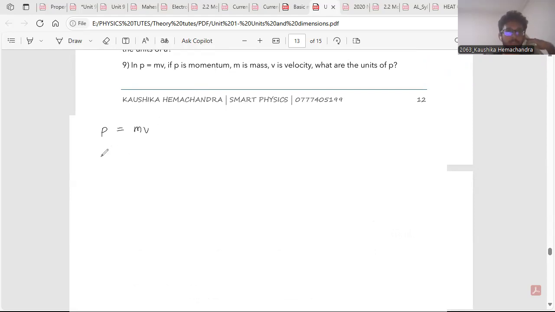P is momentum, m is mass and v is velocity. They're asking momentum's units. So mass is kilograms, velocity is meters per second. So that's basically the units, no? kg m s^-1.